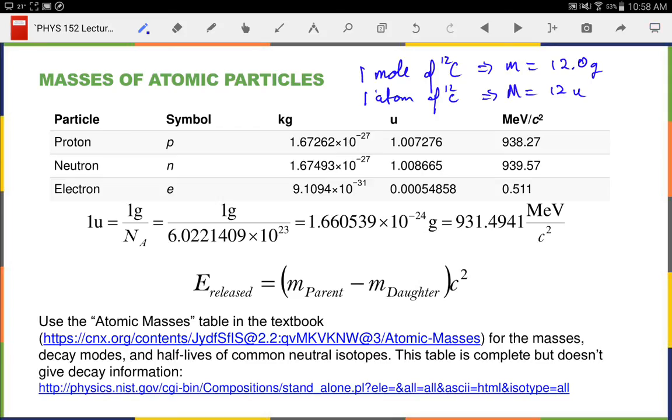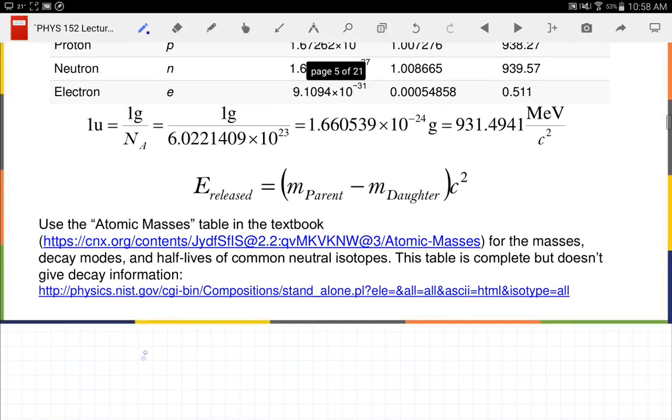Avogadro's number. So we can make an equation that says the molar mass, the mass of 1 mole, is equal to Avogadro's number times the mass of a single atom. Therefore, 12 grams exactly is equal to Avogadro's number times 12 atomic mass units exactly.